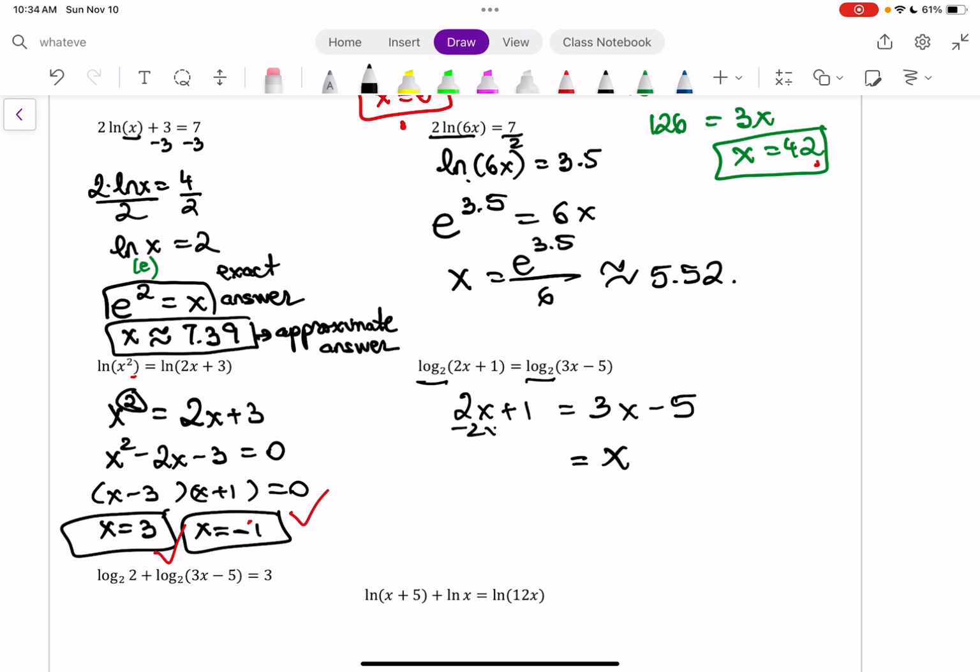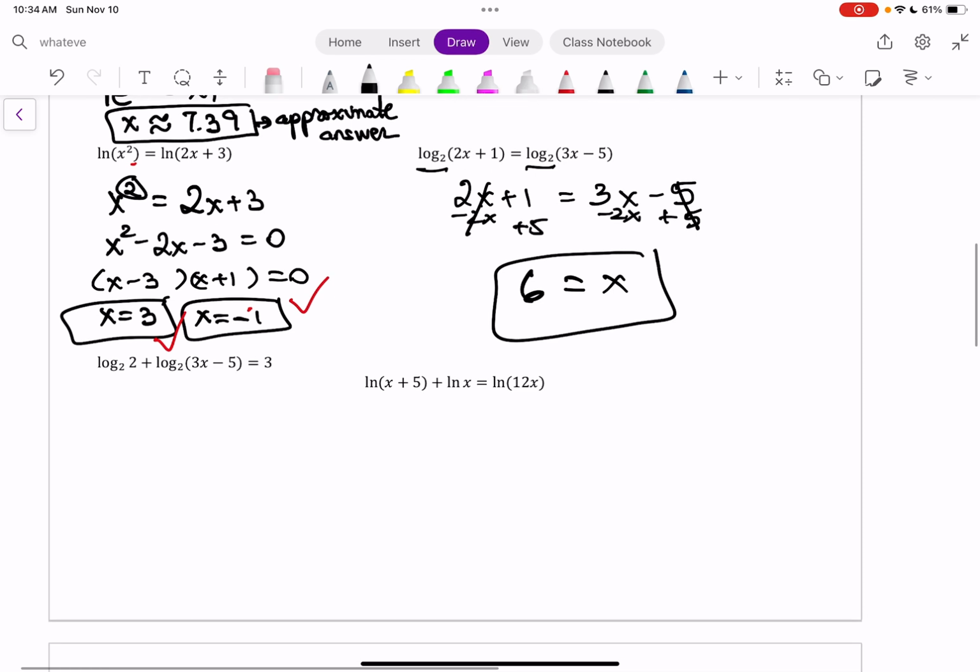So I'm going to minus 2x from both sides, and I'm going to add 5 to both sides, and I end up with x equals 6, which totally works. 2 times 6 plus 1 is positive. 3 times 6 minus 5 is positive. All right.